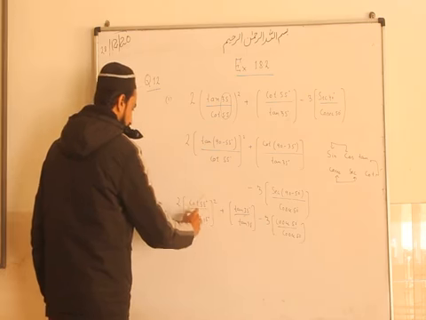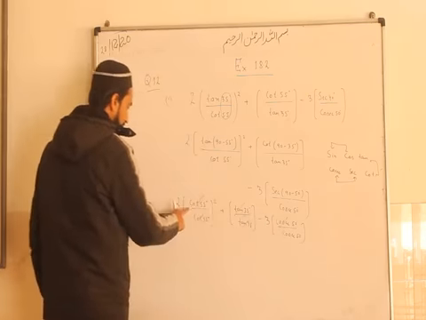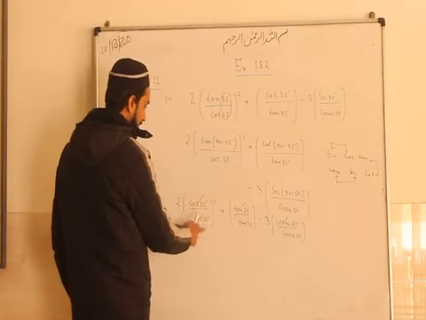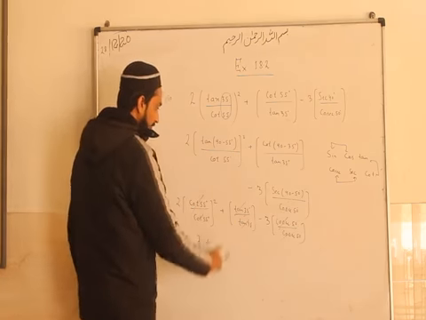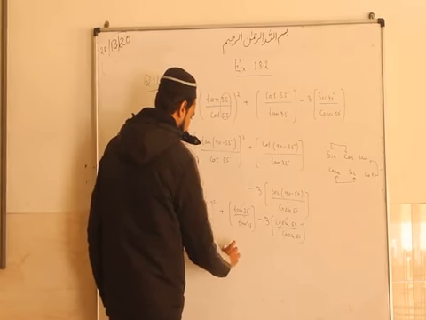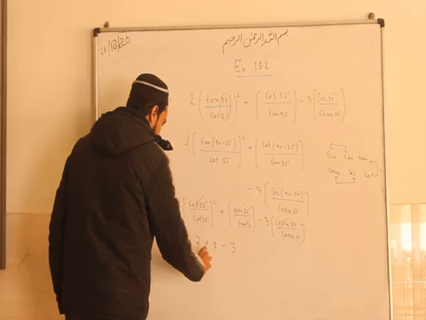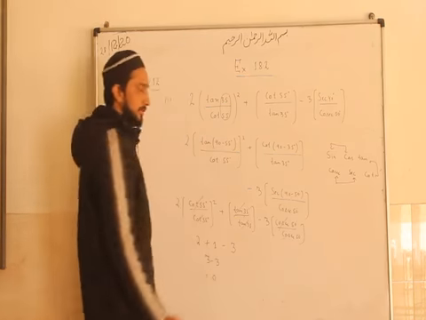Okay, so these will cancel out, these will cancel out, these cancel out. It will be 1, 1 square is 1, and 1 into 2, 2, like plus, this is 1, and minus 3. So 3 minus 3 is equal to 0. So this is the answer.